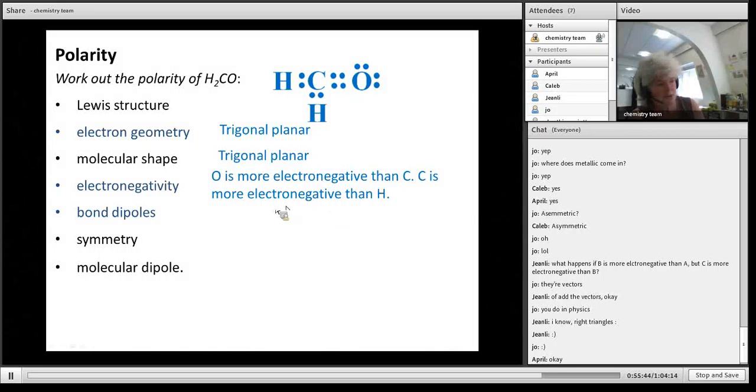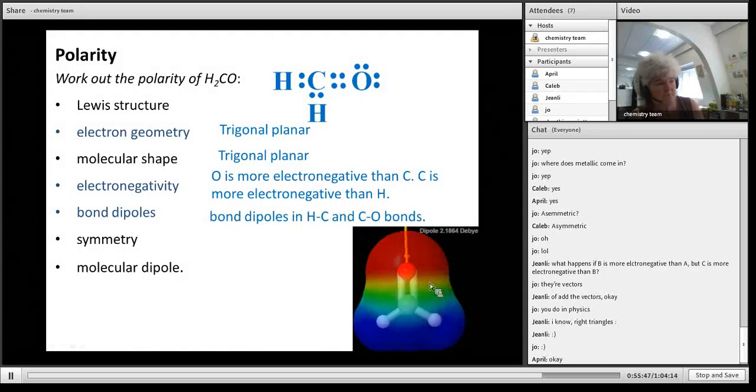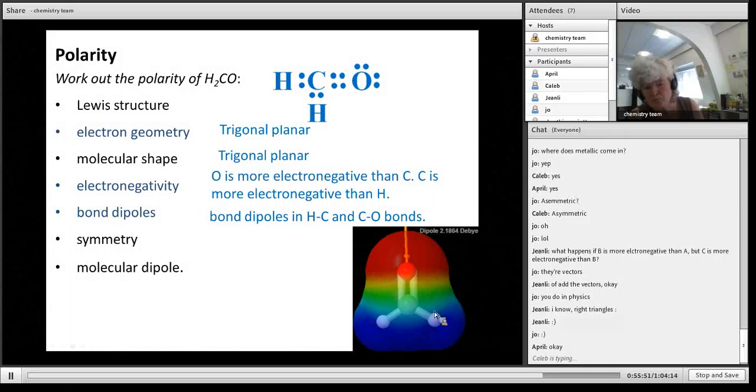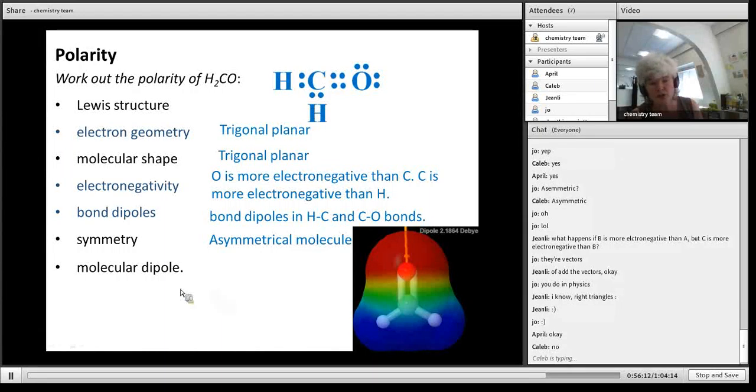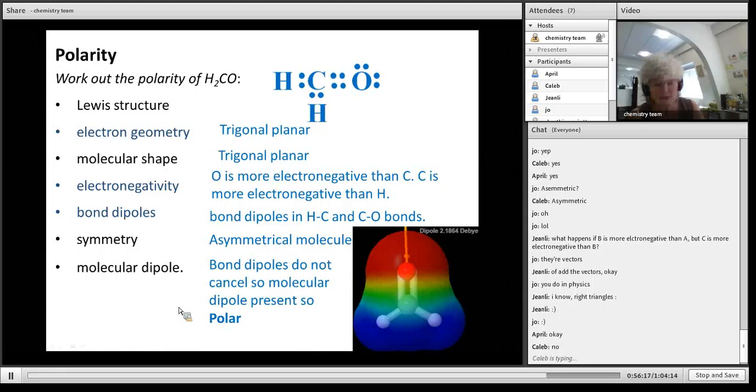So there will be a bond dipole, and is that molecule symmetrical? No, you can see that quite clearly. Although I might cut it in half like this, and this side looks the same as that side, if I cut it in half like this, the bottom half is nothing like that one up there. So it's an asymmetrical molecule because the atoms are different, and so there is a molecular dipole because there's no cancelling out of the bond dipoles, and that means the molecule's polar.